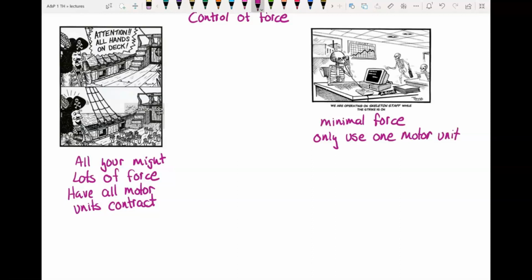And you can do anything in between. Suppose you have a muscle with 10 motor units and you need a medium amount of force, maybe you'll use 5 of them. So you can always control how much force you use by how many motor units you stimulate.